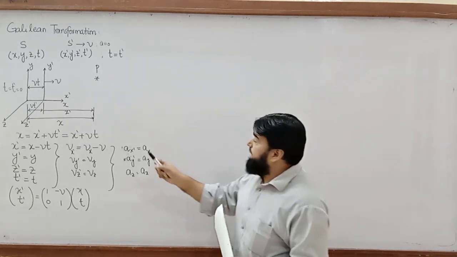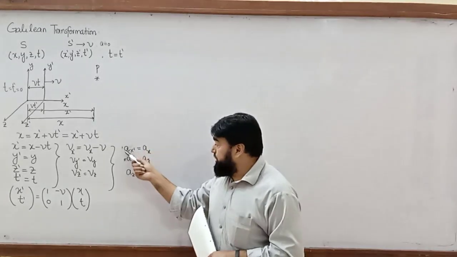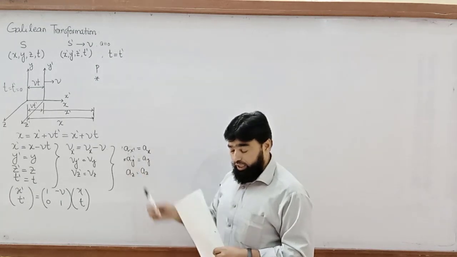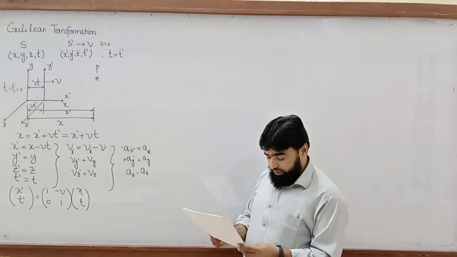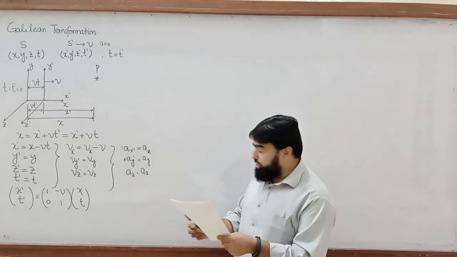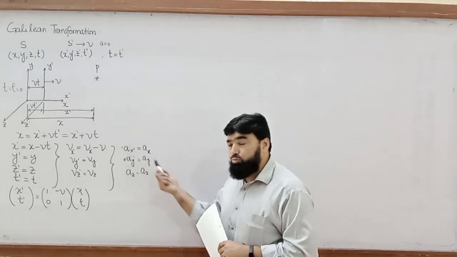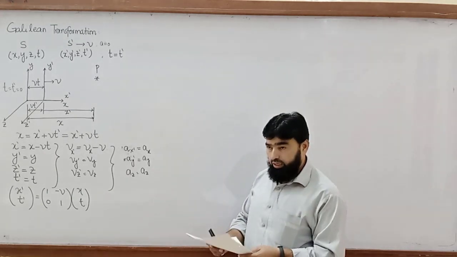So I can say that under Galilean transformation, acceleration is an invariant thing. Acceleration is invariant, it is not changing. Or I can say that the acceleration measured by the rest and the moving observer comes out to be the same.